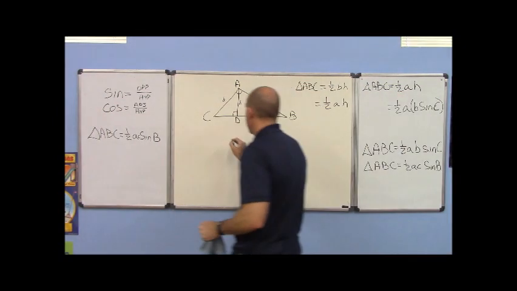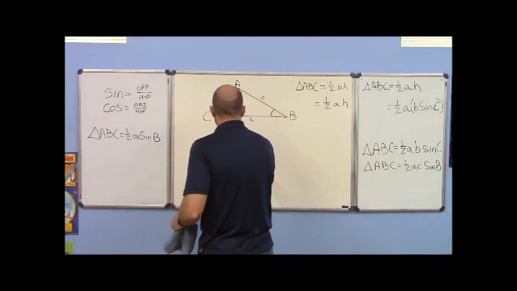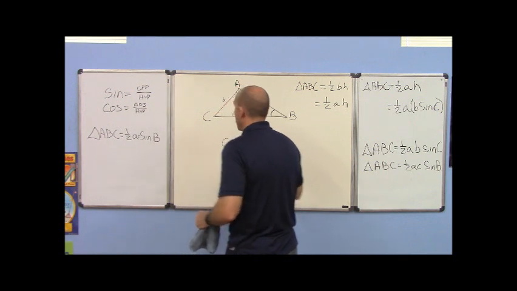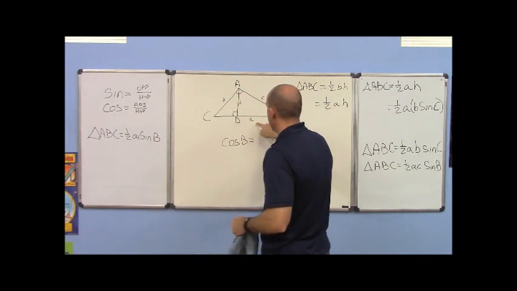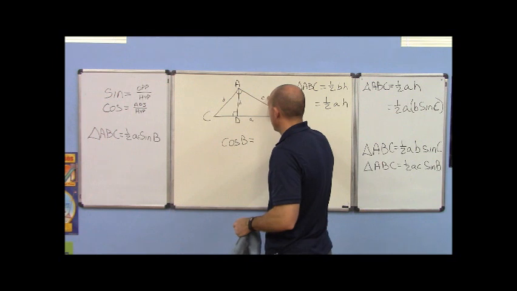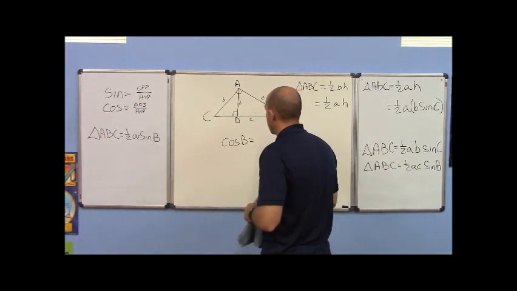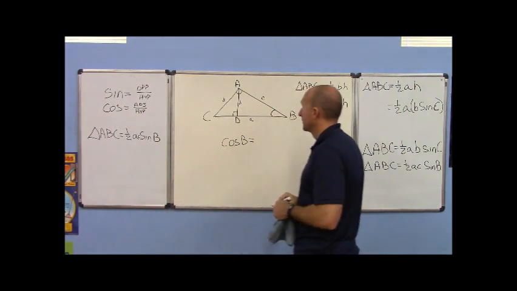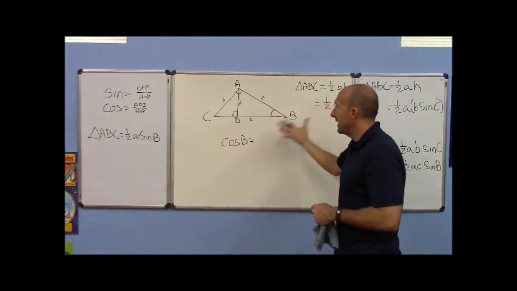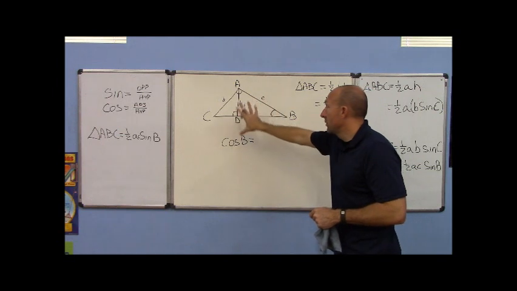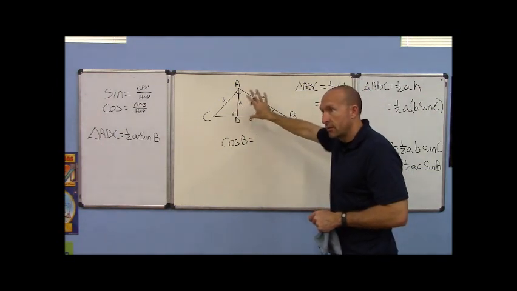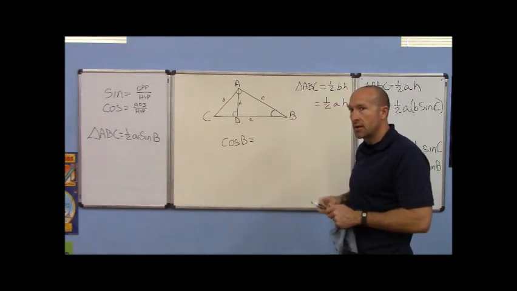So let's see, cosine of B equals adjacent over hypotenuse. Just with the information we're given here, why can we not use cosine?